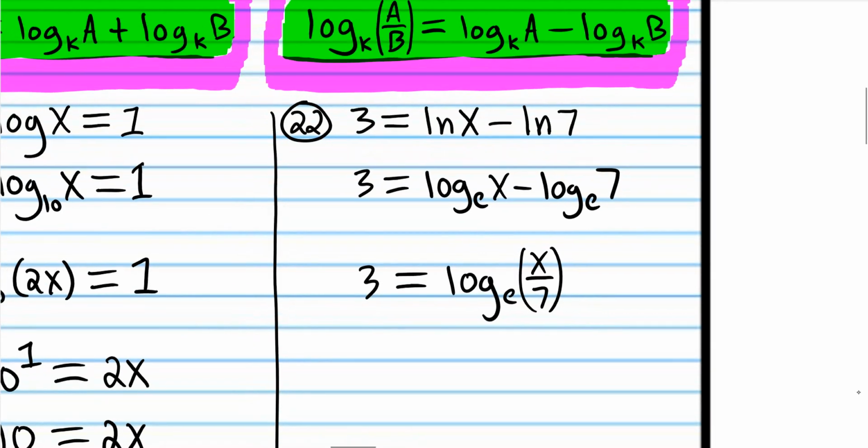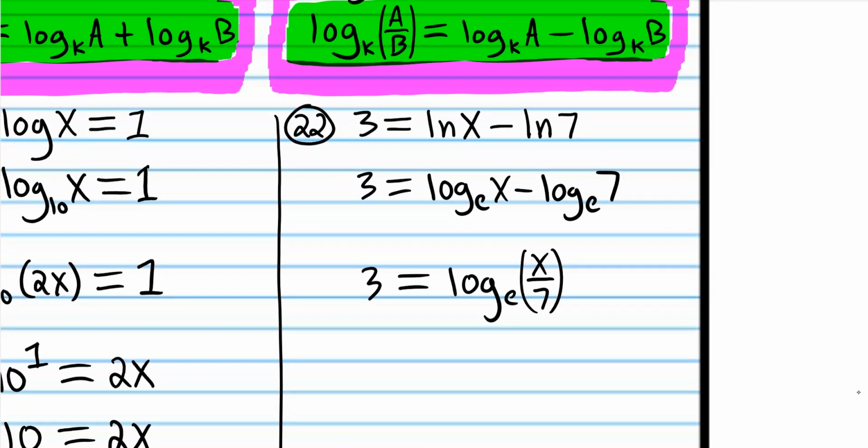So now we're stuck. Unless we know how to translate a logarithmic equation to an exponential equation, we can't really do anything from this point. But we know that that little subscript is always the base of the exponential expression. Whatever the logarithm is equal to, that's always the exponent.